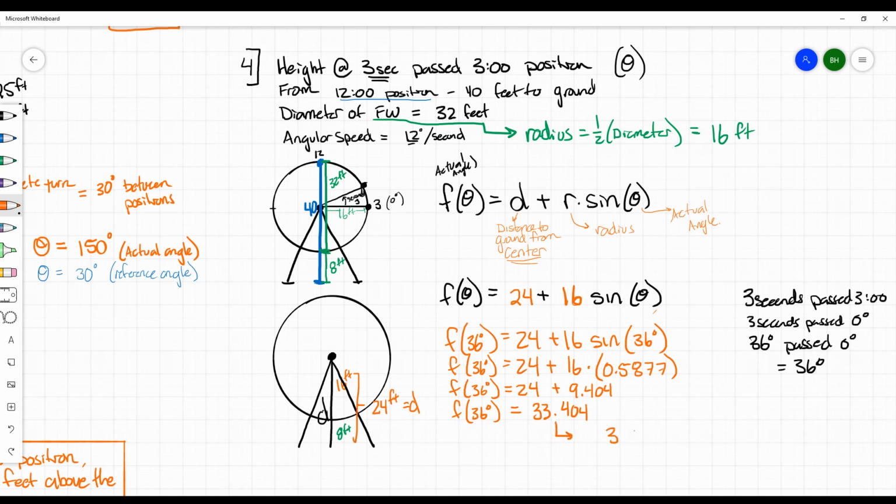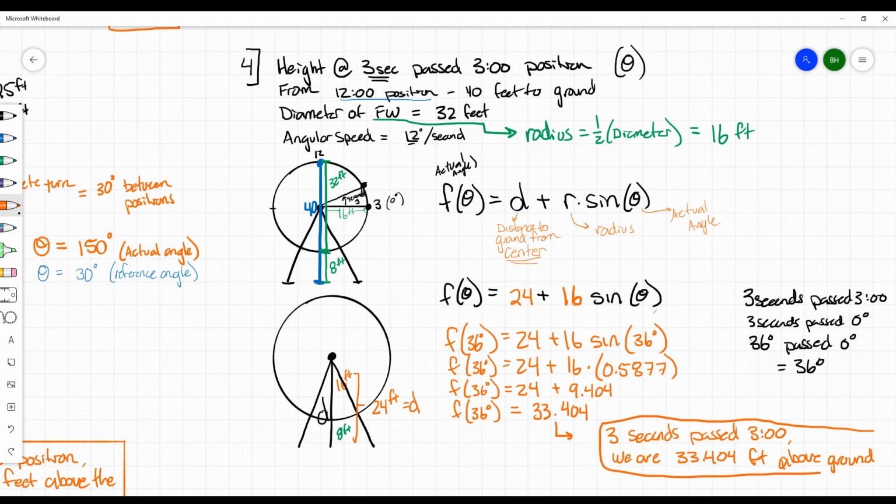We have to say 3 seconds past 3 o'clock, we are 33.404 feet above the ground. And that is our solution.